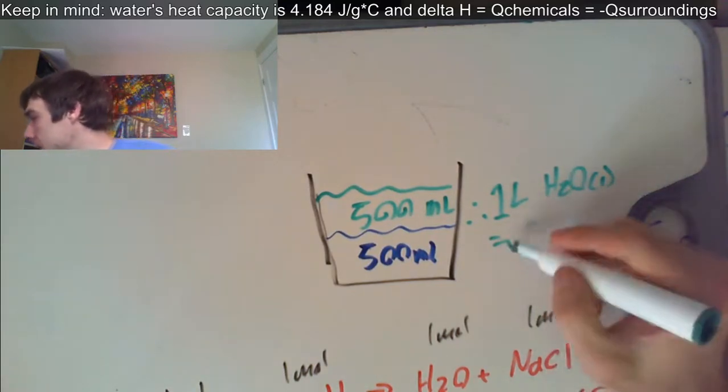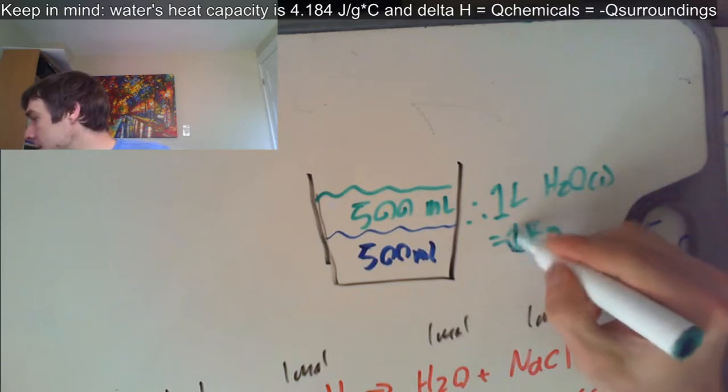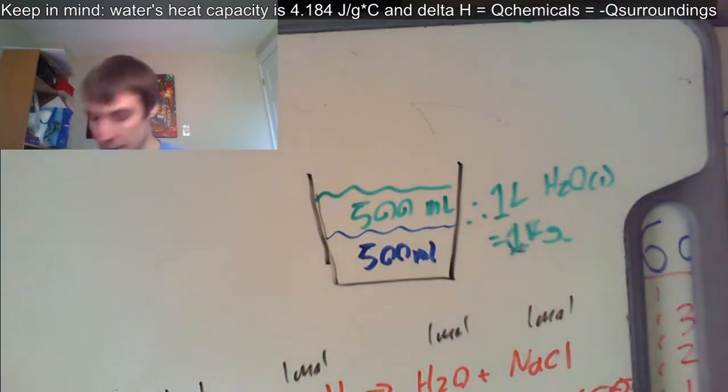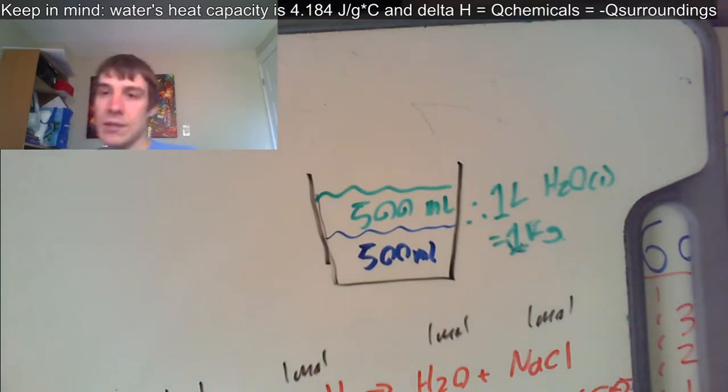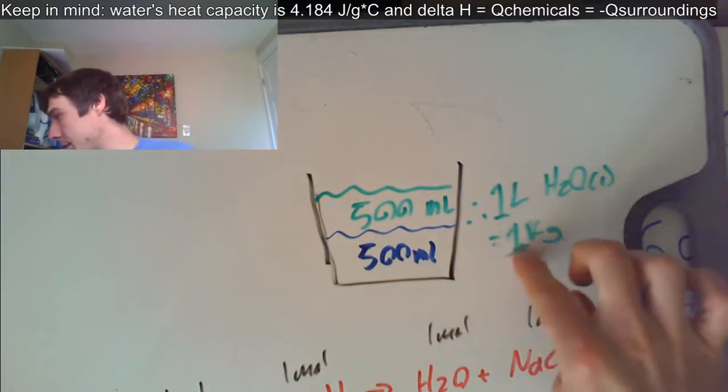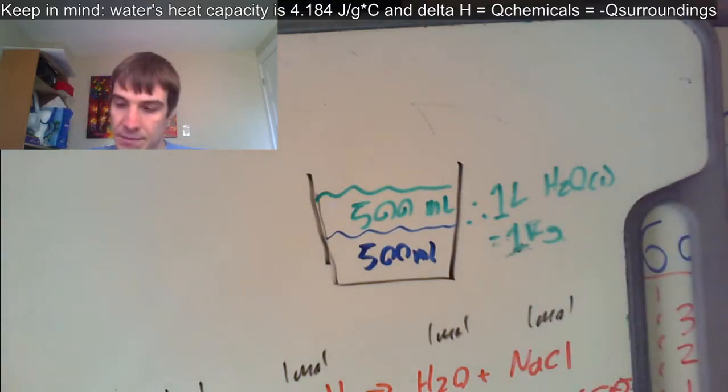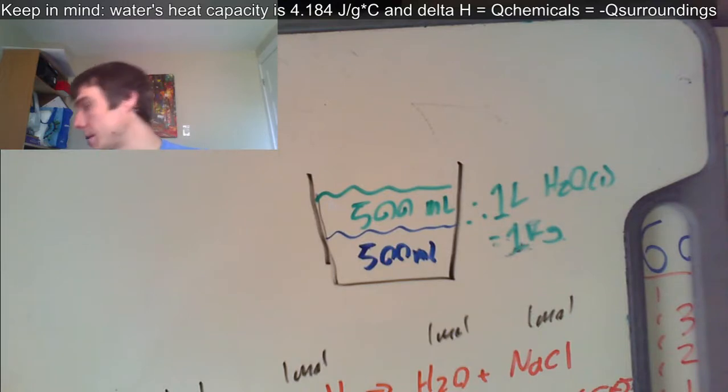Or we can keep it as 1 kilogram. That'll actually make things easier in a second. So 1 kilogram of water. That's just a known quantity, that 1 gram of water is approximately 1 milliliter, or 1 kilogram of water is approximately 1 liter. Specifically, that's true at 25 degrees Celsius.